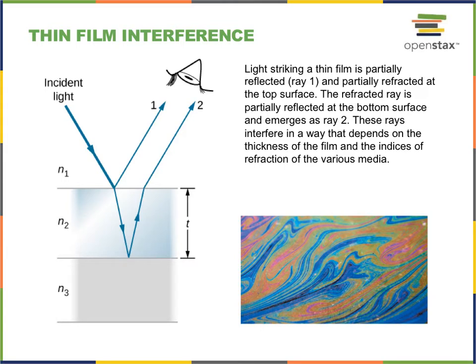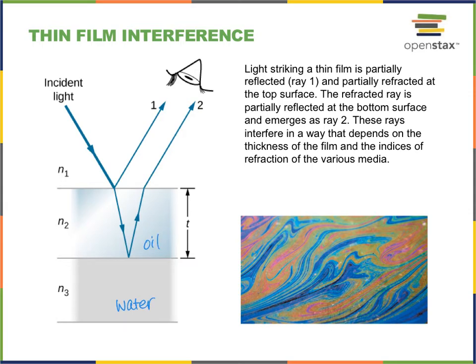When you have thin film interference, first of all, you start with a thin film. So for instance, if we compare the picture on the left to the picture on the right, this material here might be water, and this material might be oil.